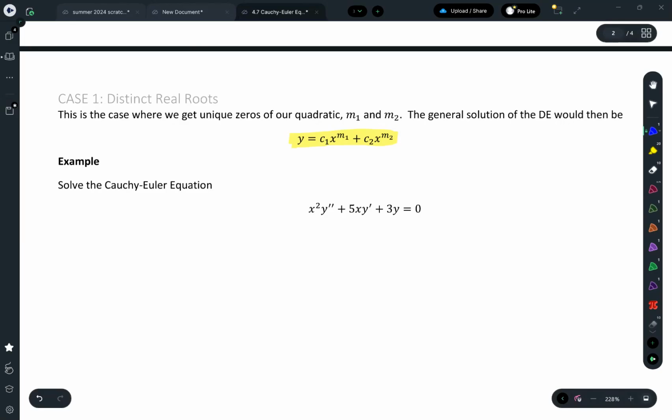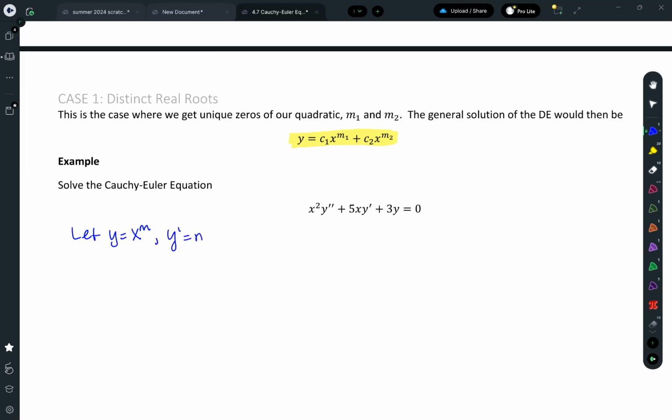We're supposed to solve the Cauchy-Euler equation, x squared y double prime plus 5xy prime plus 3y is equal to 0. So right away, since it's Cauchy-Euler, we're going to let y equal x to the m, y prime equal m x to the m minus 1, and y double prime equal m times m minus 1 x to the m minus 2, and sub into the differential equation.